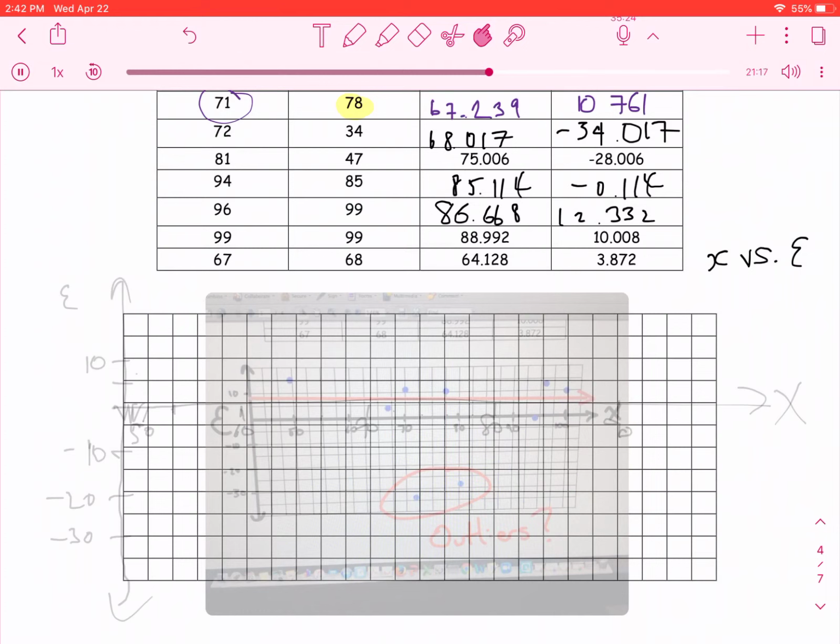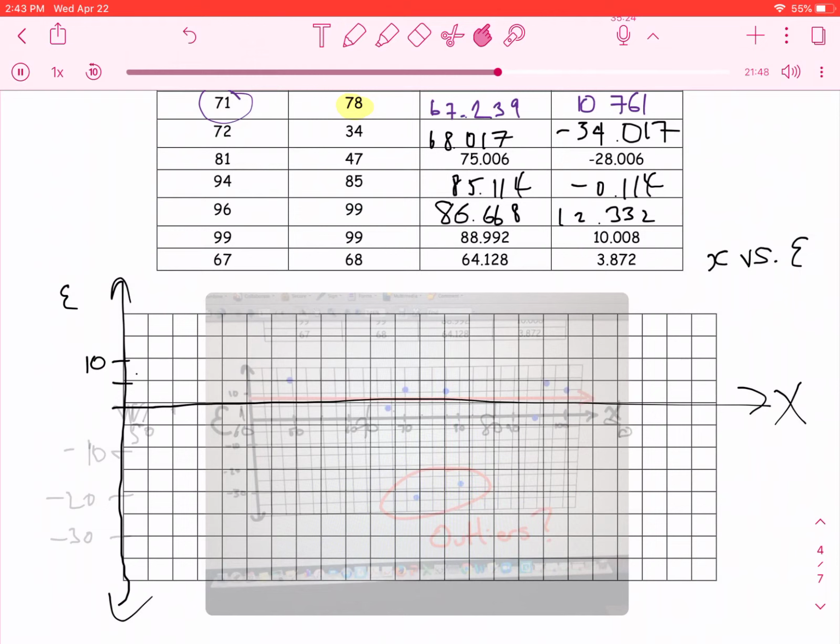I apologize. There's no ruler function on here, so I will just have to freehand it. We're going to measure this by E, and 1, 2, 3, 4. There we go. X. I'm going to go up by 5, so that could be 5, that could be 10.